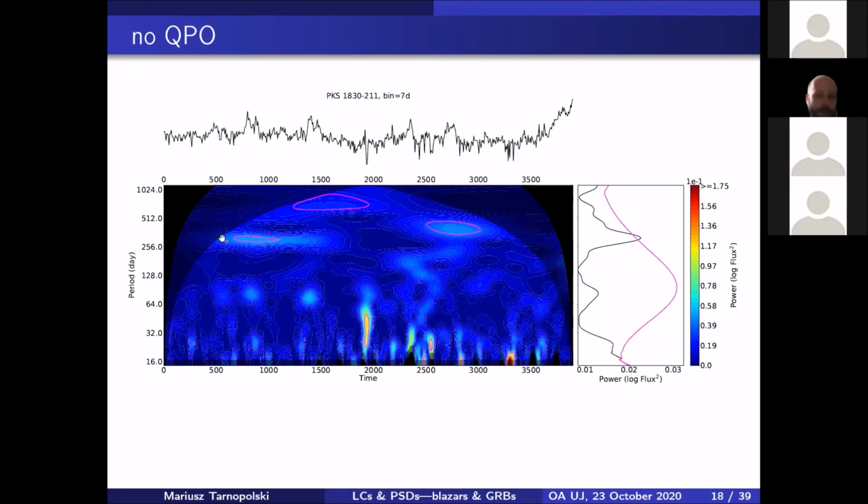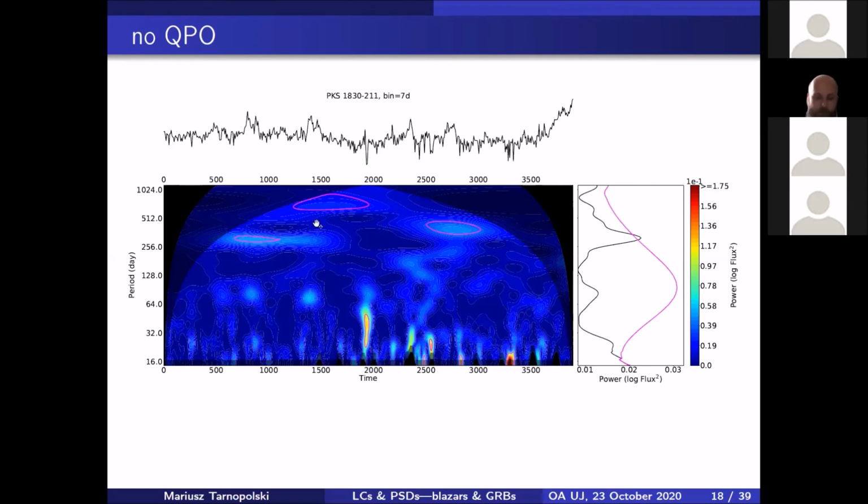In case of the gravitational lens, this PKS 1830, one can at first think there's a new QPO because there's this peak here. But a closer look at the scalogram shows that these lone isolated 3 sigma contours cannot be confidently described as a QPO.